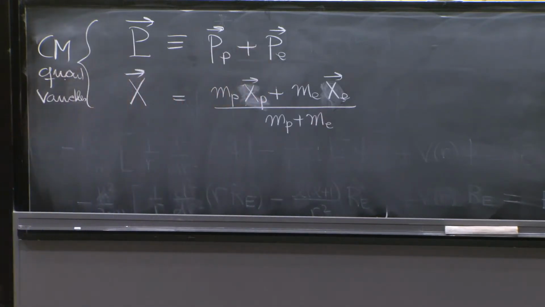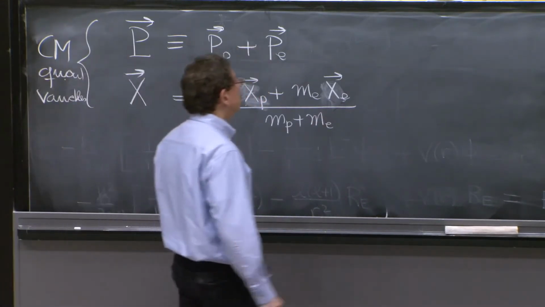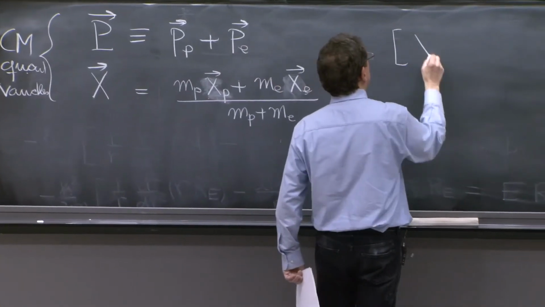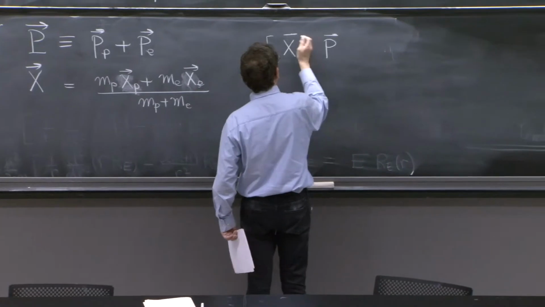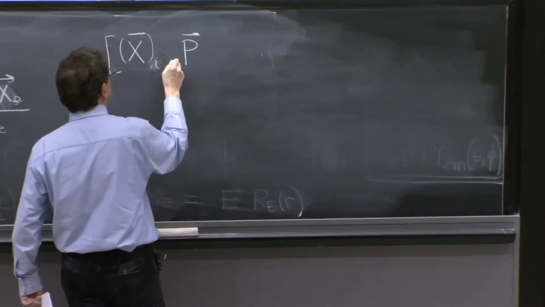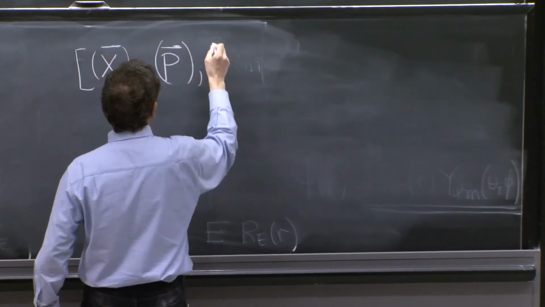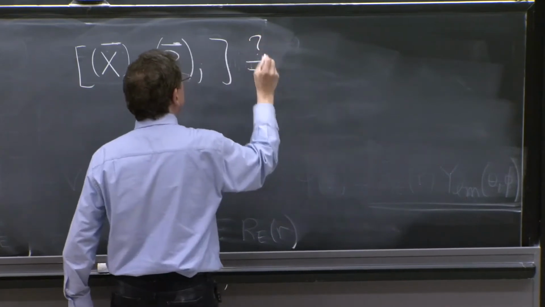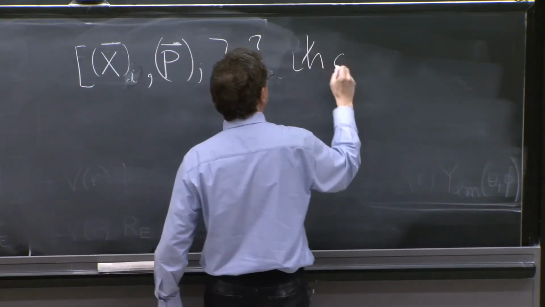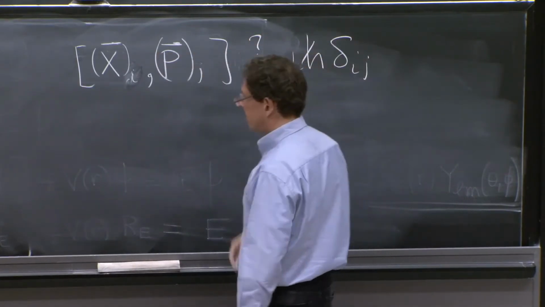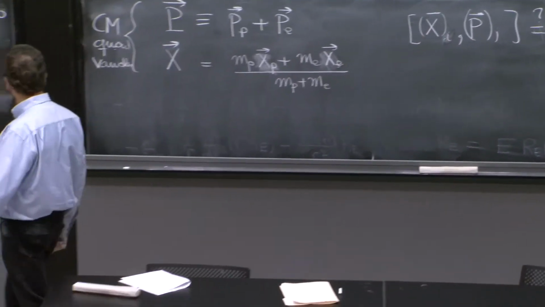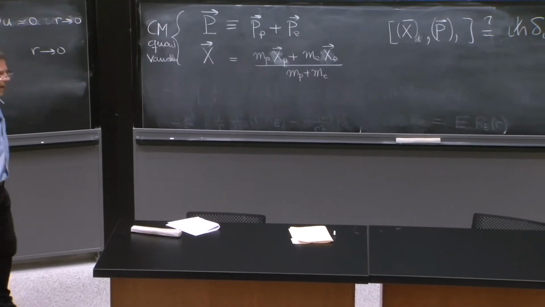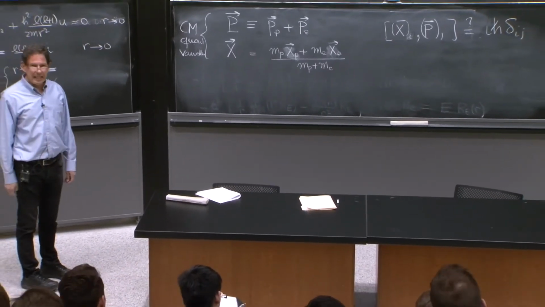And now we must ask, is X with P, the ith component and the jth component, is it really equal to i h bar delta_ij? And the answer, I would say, is yes.